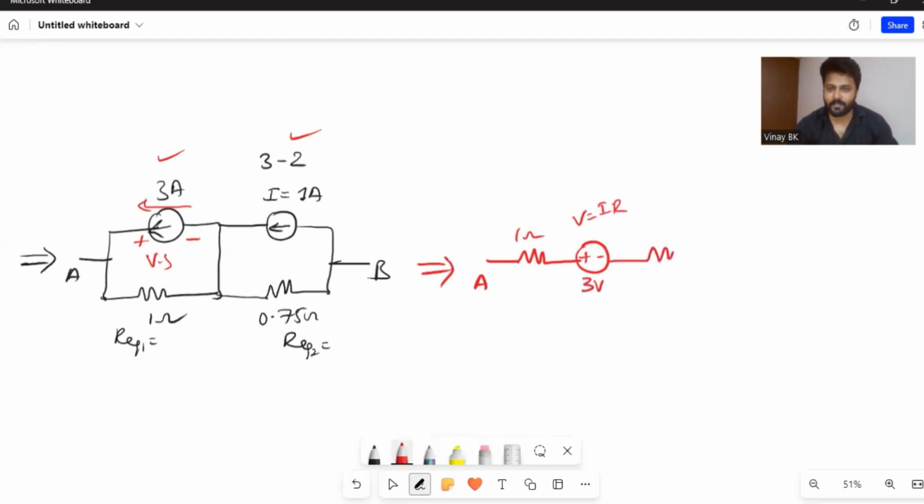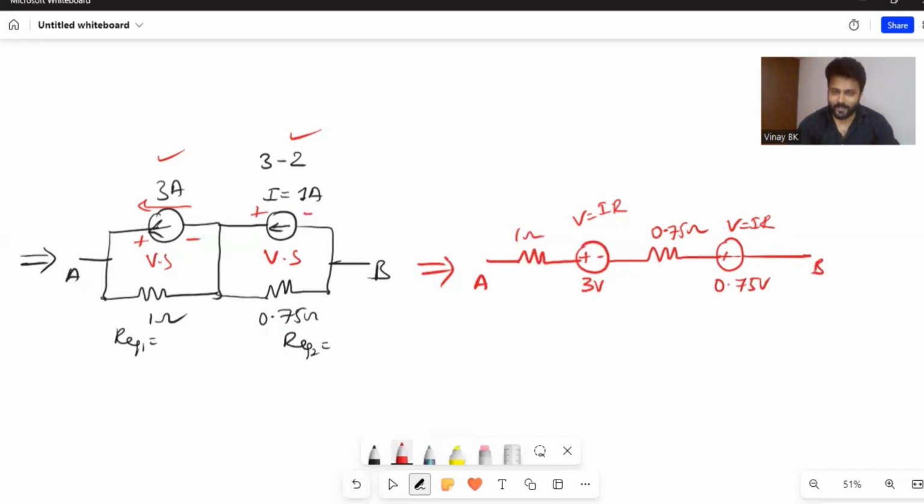Similarly, next we'll have a 0.75 ohm resistor in series with the voltage source. By transforming this current source into a voltage source, again the polarity, B to A, minus and plus, is nothing but plus minus. So V equals I into R. Again, I is 1, R is 0.75, you get 0.75 volts to B.